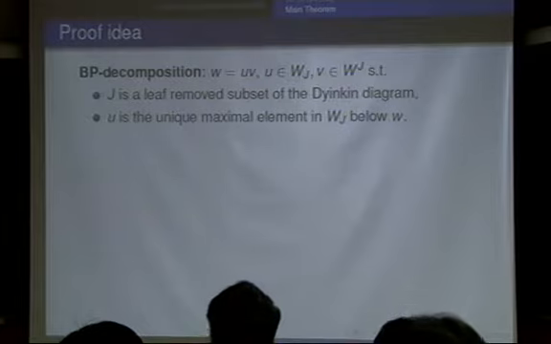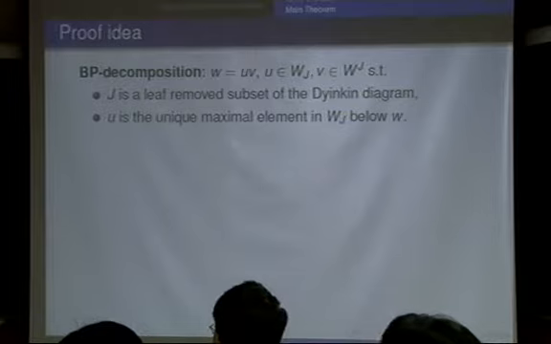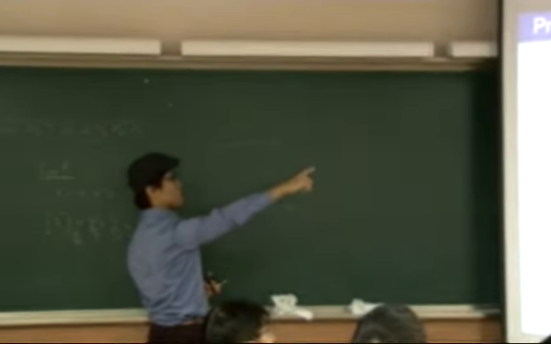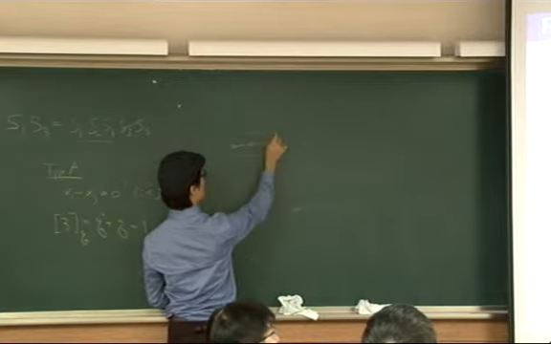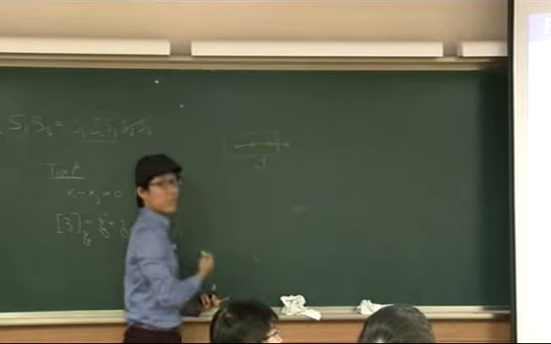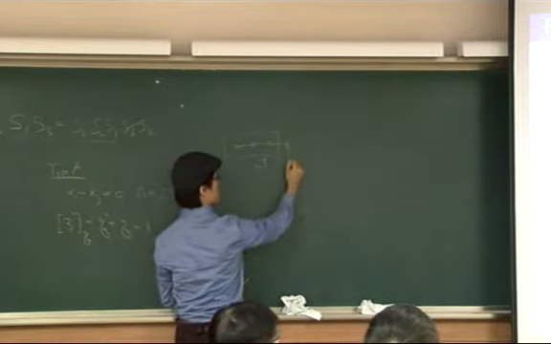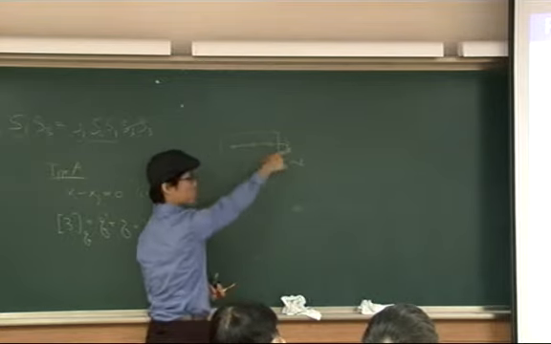So for a Weyl group, we have a Dynkin diagram. And in type A case, it looks like this chain. And J is a leaf-removed subset of this Dynkin diagram, so something like this. This is J. Okay? This is a leaf of this graph.